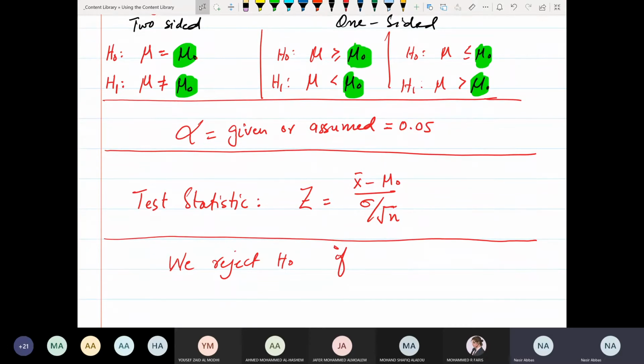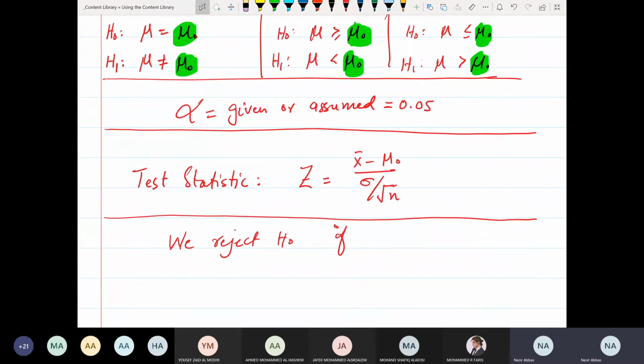So if your H1 is not equal to, you will reject H0 if the absolute value of your calculated value of Z is greater than the critical value that will come from the Z table. And you already know how to get this Z alpha by 2. We did this in confidence intervals.